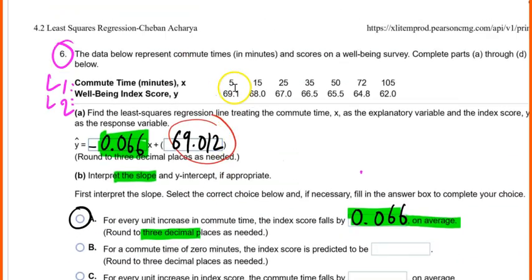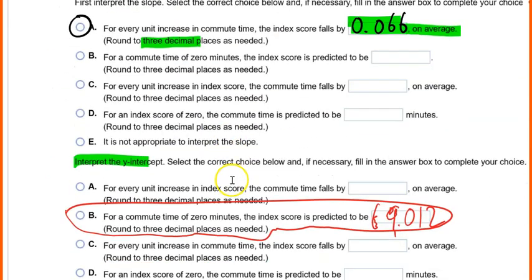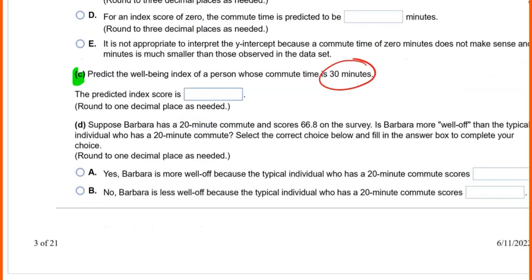Remember that this is the predicted value when x equals 0. In other words, if commute time is 0, meaning x equals 0, the index score is predicted to be 69.012.